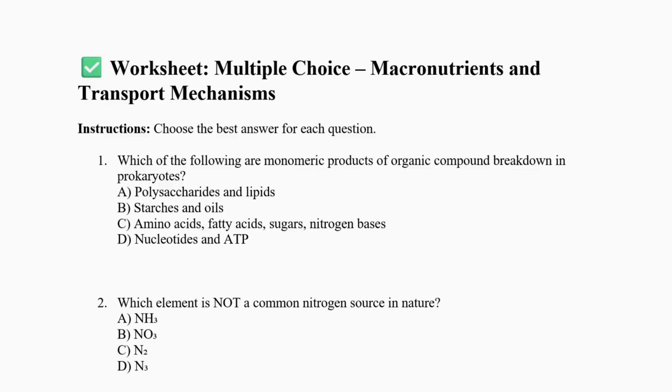Which of the following are monomeric products of organic compound breakdown in prokaryotes?